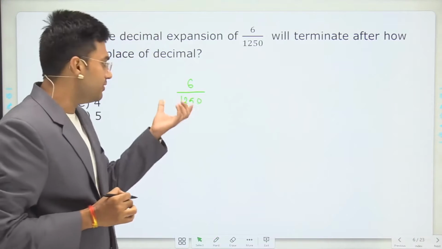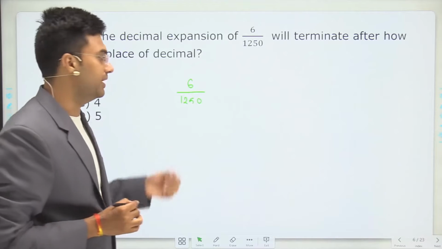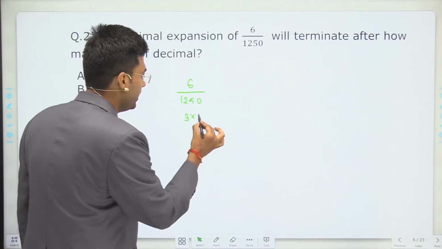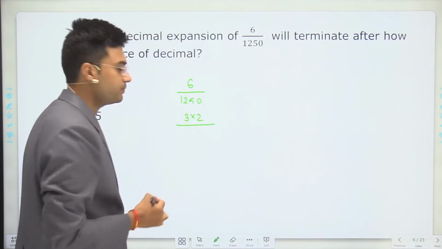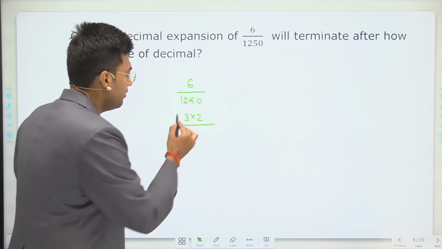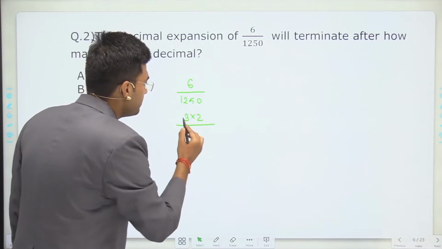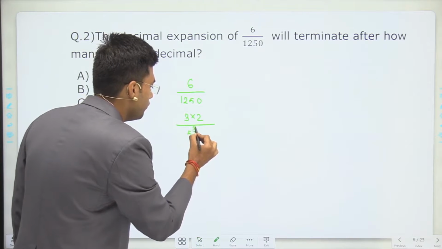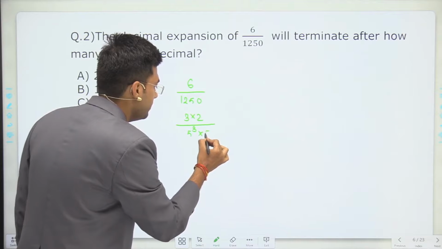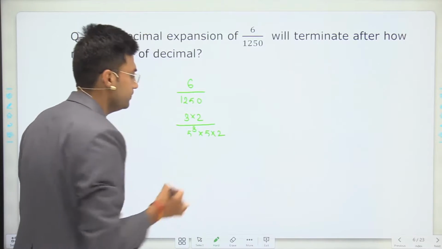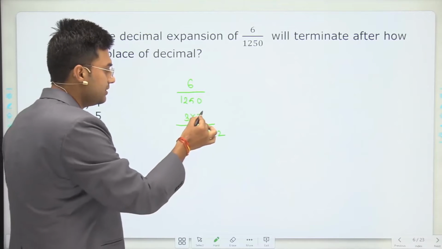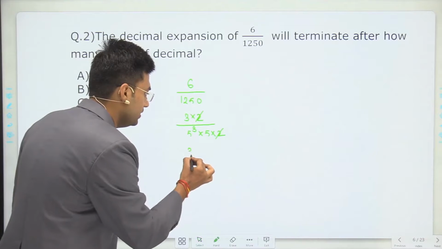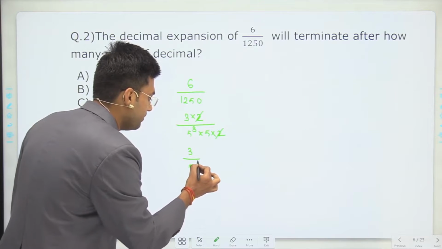Dear students, first of all prime factorize the denominator, and we can write the numerator as 3 multiplied by 2. Here we can write the denominator as 125 multiplied by 10. So it is written in the form of 5 multiplied by 3 multiplied by 5 power 2. When we solve this, the 2 and 2 cancel out and we will get only 3 divided by 5 power 4.